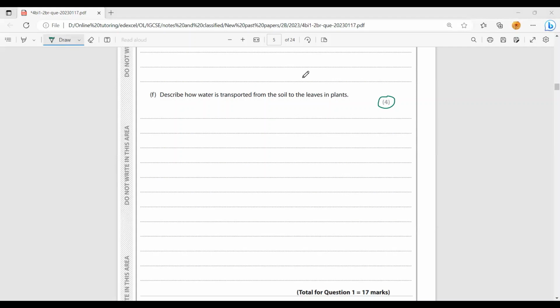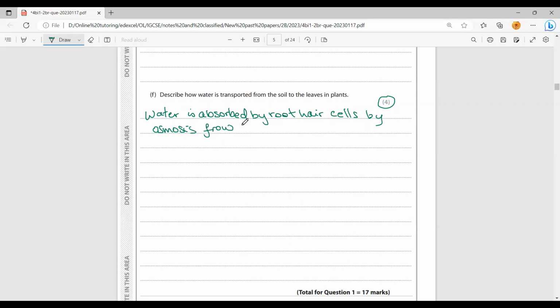Stream, yeah. Stream, yes. طيب, let me write the answer يا جماعة. واللي حابب ياخد سكرين شوت بالتأكيد. أول حاجة إن water is absorbed by root hair cells by osmosis from higher water potential in the soil. لازم أقول دي فين ودي فين.